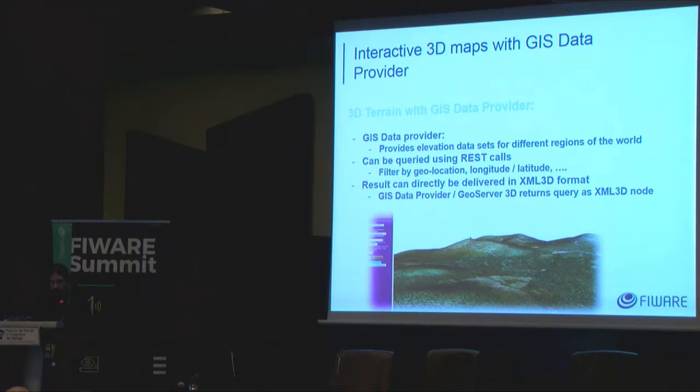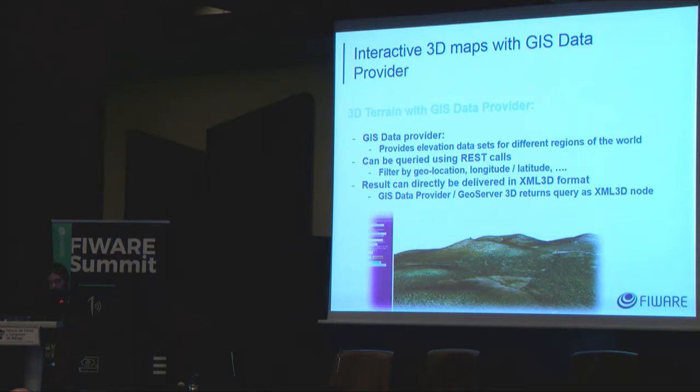So basically, as a resource that you link to your 3D scene, you can specify this location on the Gis Data Provider, you query the Gis Data Provider, and by this assemble your 3D map from the data that is provided there.